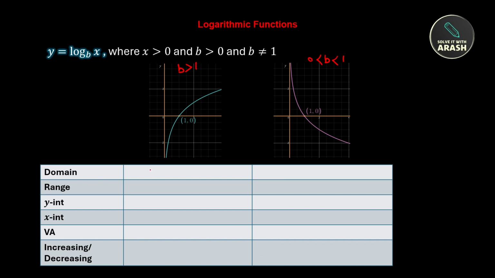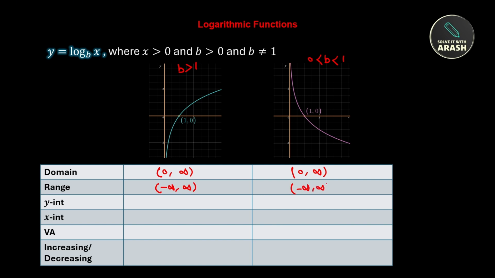As you can see, domain is covering everything greater than x equals 0, since x equals 0 is basically the vertical asymptote. So domain is 0 to positive infinity for each of these two graphs. The range, however, covers the entire y-axis. So negative infinity to positive infinity.